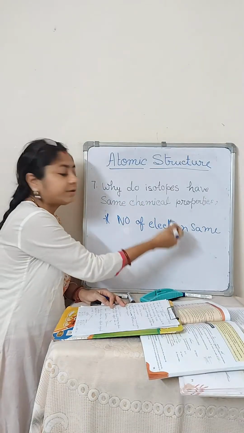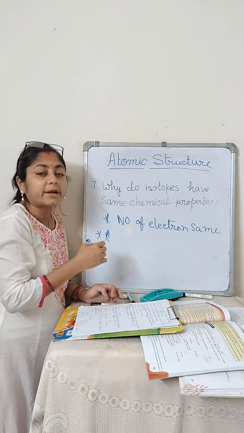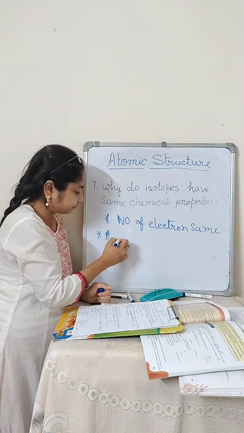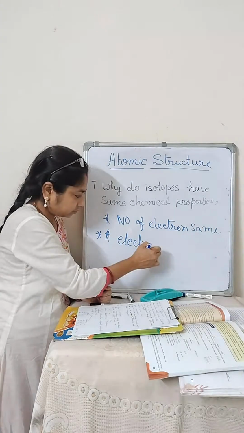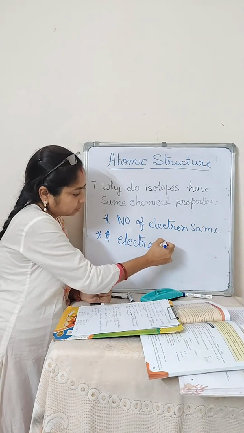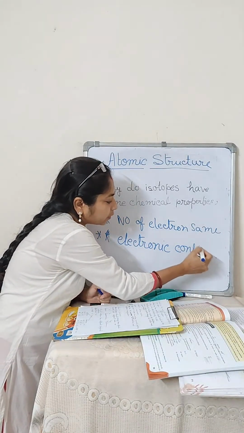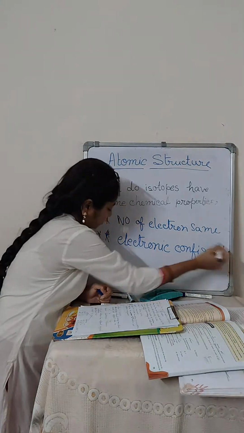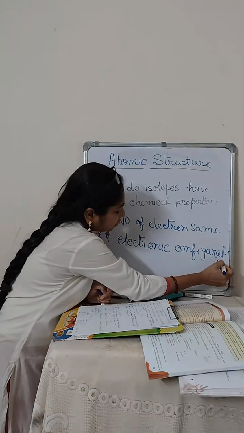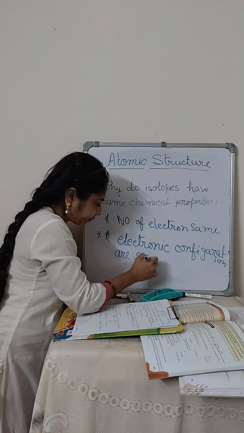Number 1, the number of electrons is the same. Number 2 point, the electronic configurations are the same.